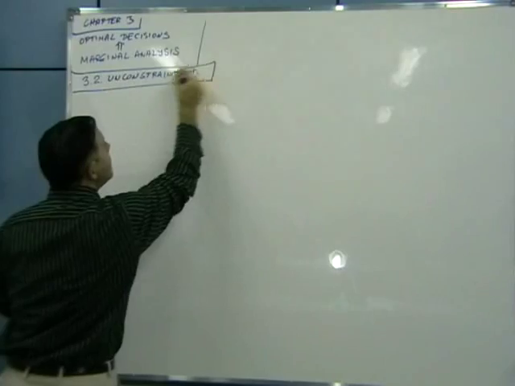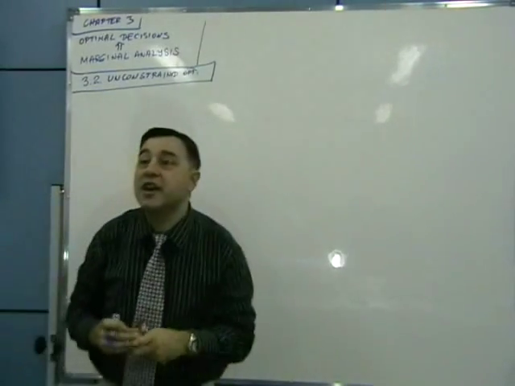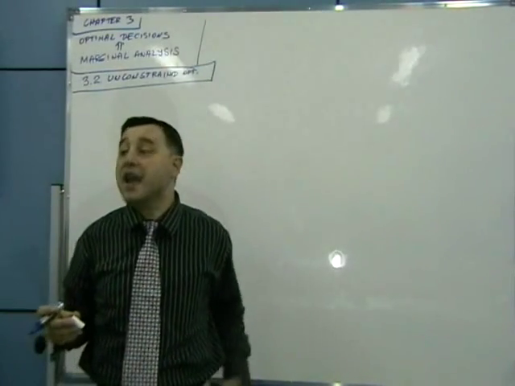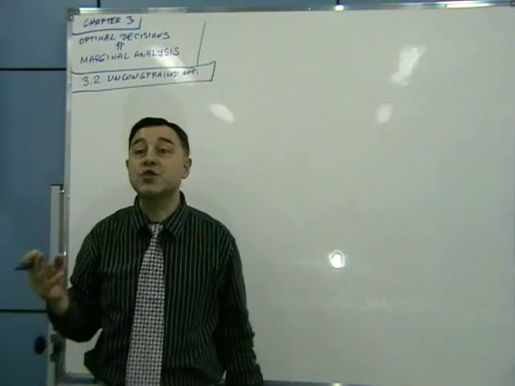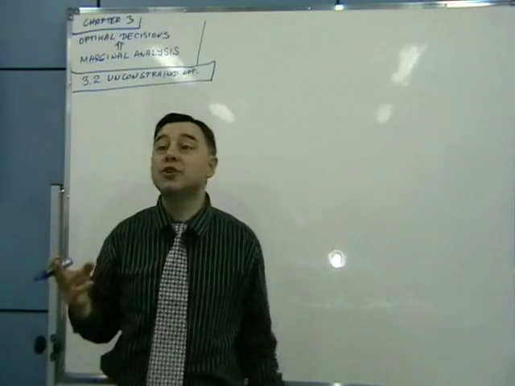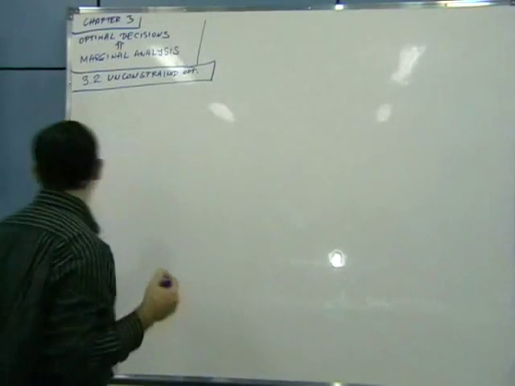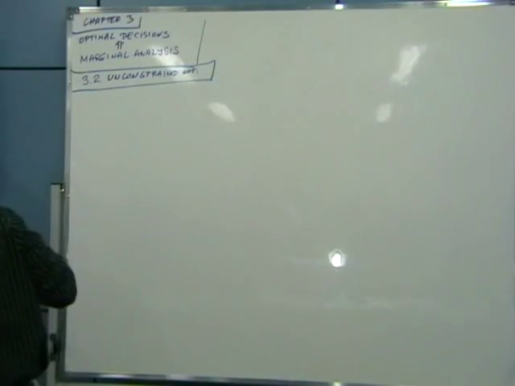And remember, unconstrained optimization is where we could choose any value of the choice variable as we wish, so we will do best. So, first of all, what's the basic formula?